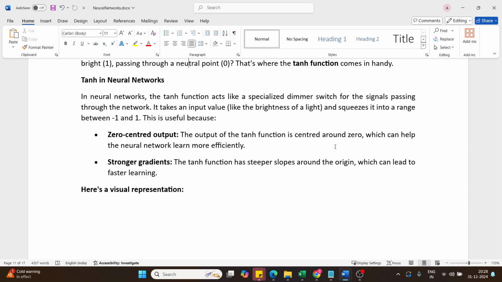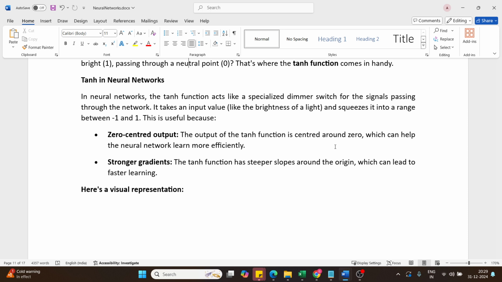Gradient means the slope. Slope comes from calculus, differential calculus, the differentiation. So if you find the slope or the gradient using differentiation for the tanh function, you will find steeper slopes.